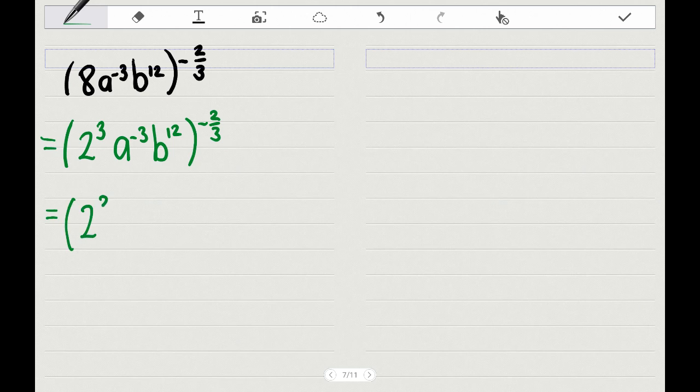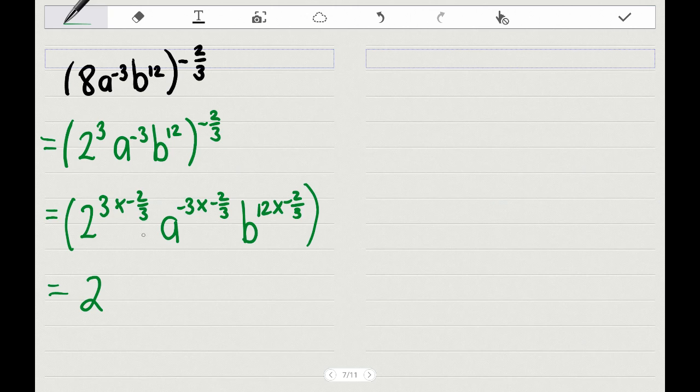So this is 2 to the 3 times minus 2 over 3, a to the minus 3 times minus 2 over 3, b to the 12 times minus 2 over 3. Now let's multiply those fractions. 3 times minus 2 over 3 is minus 2. The 3's cancel out. Minus 3 times minus 2 over 3 is positive 2, because now the minuses make a positive and the 3's cancel out. And 12 times minus 2 over 3 is minus 8.